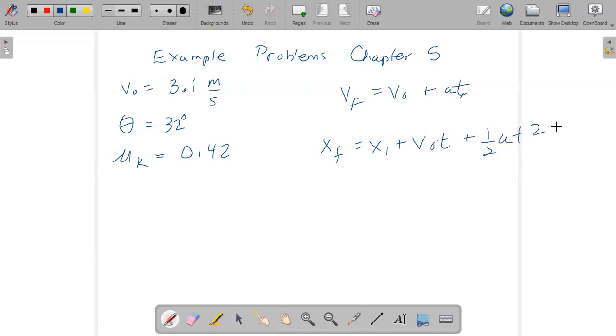All right, so V final is 0. V naught equals negative A T. So T equals negative V naught over A. All right, X final is what we're solving for, and X initial is 0.